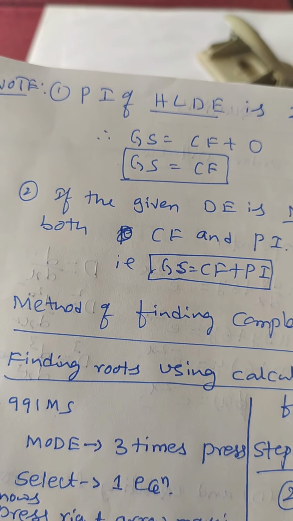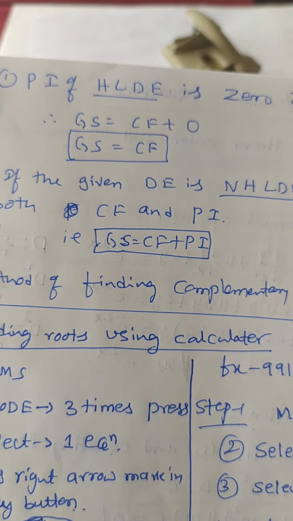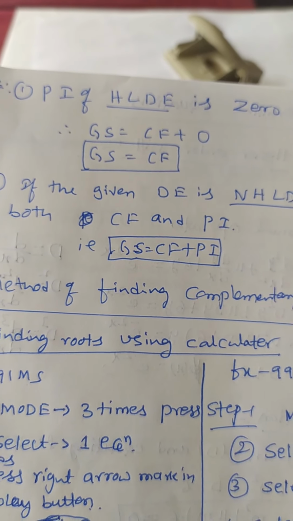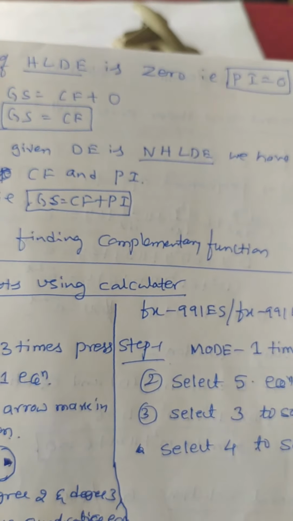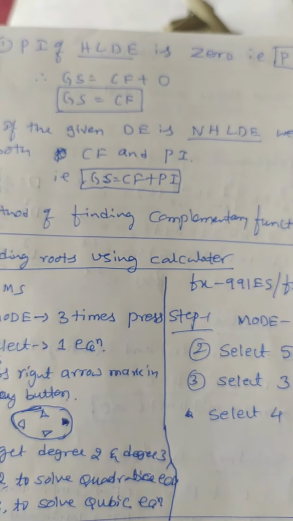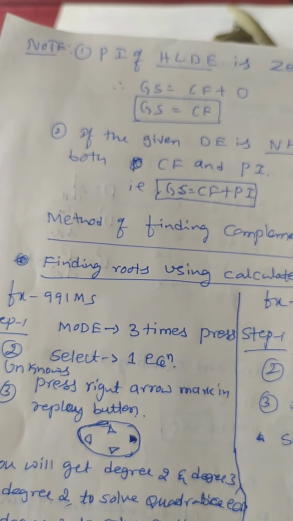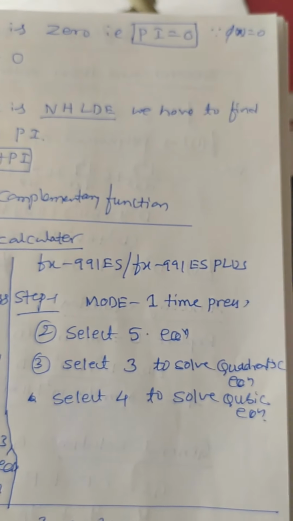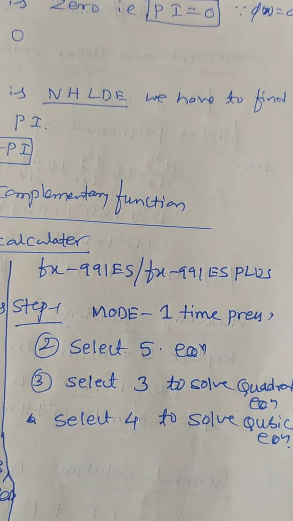Okay. First, I will explain how to find the complementary function. Before that, you should know how to find the roots using the calculator. Actually, there are two types of calculator, 991 MS and 991 ES or 991 ES Plus.